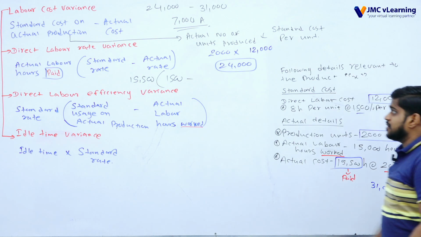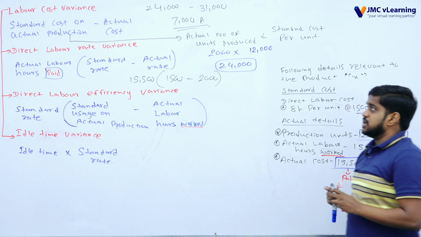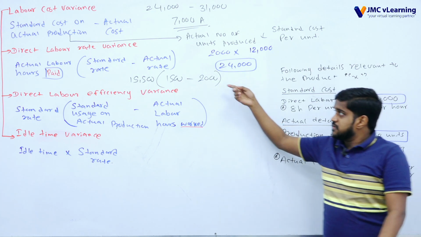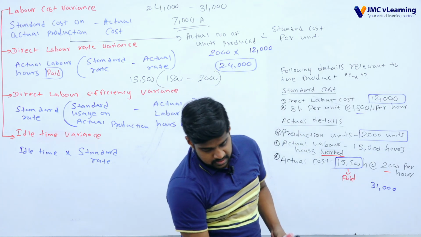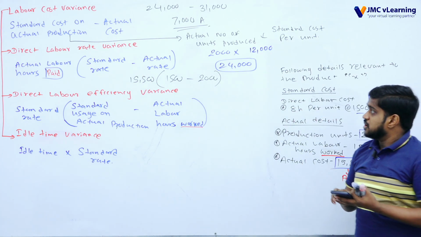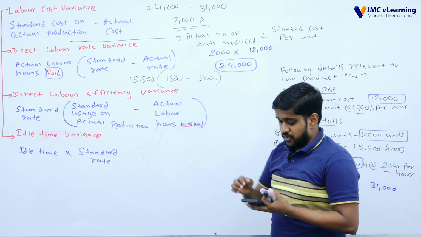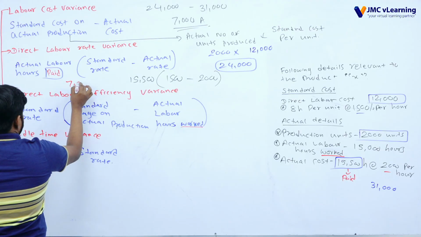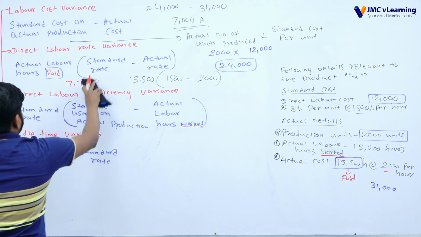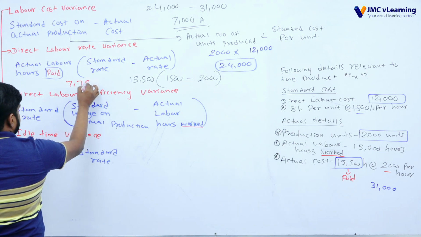So 1,500 minus 2,000, multiplied by 15,500 actual labor hours paid, gives us the direct labor rate variance as 7,750 adverse variance.